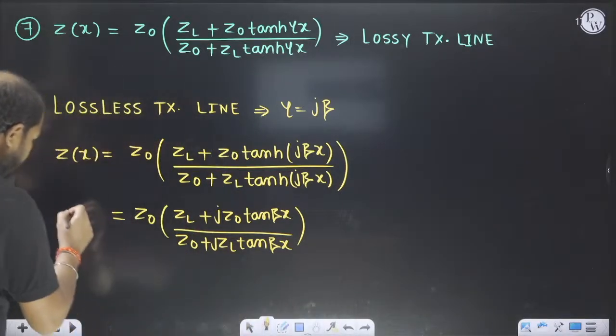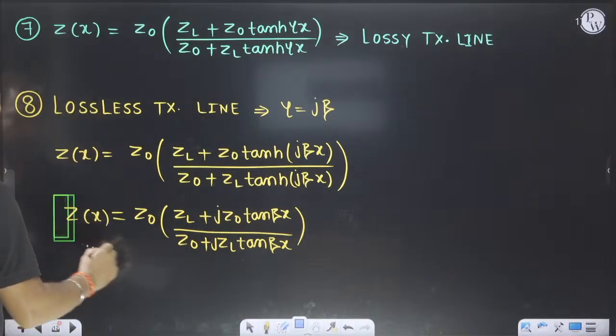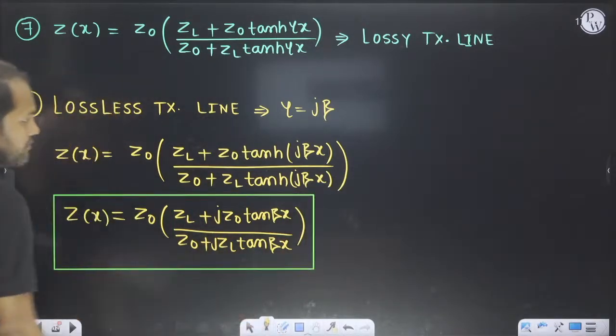This is the formula for Zx, the impedance at a distance x from the load.